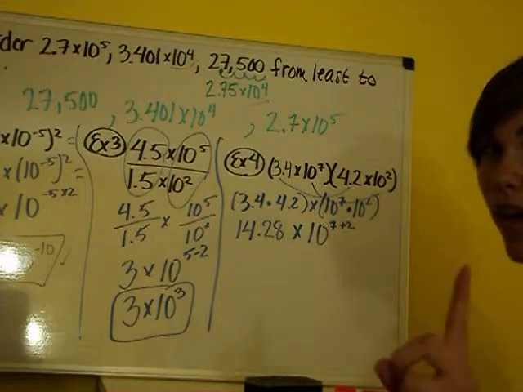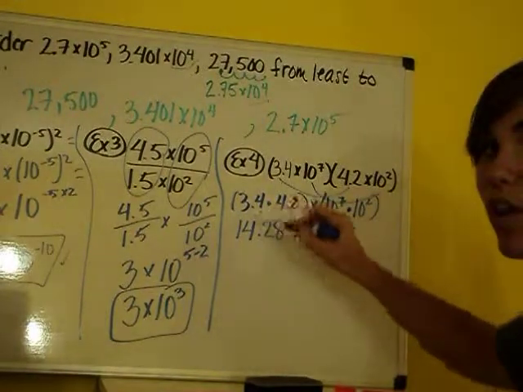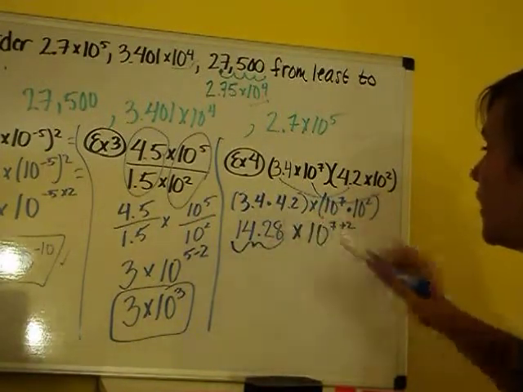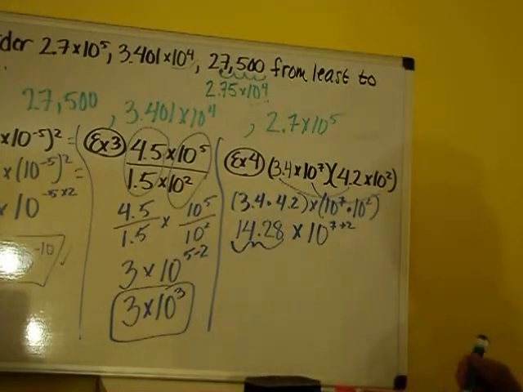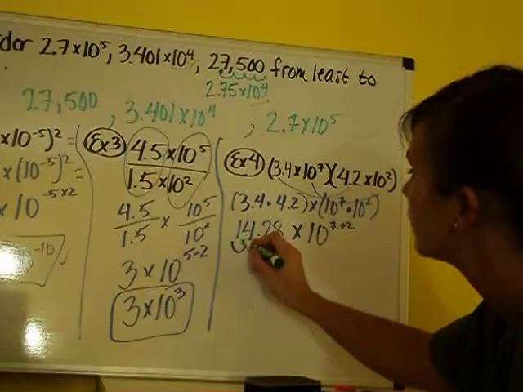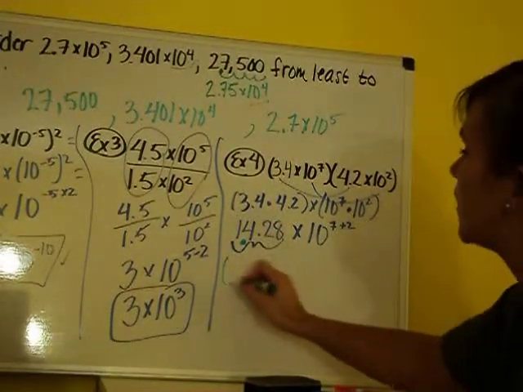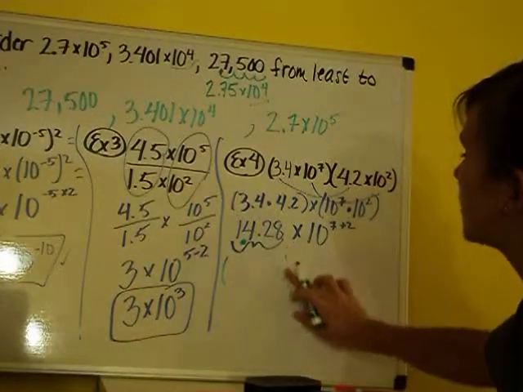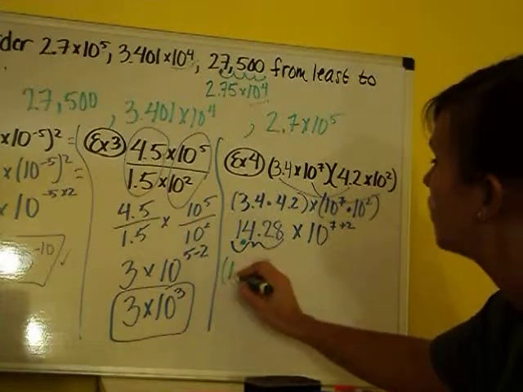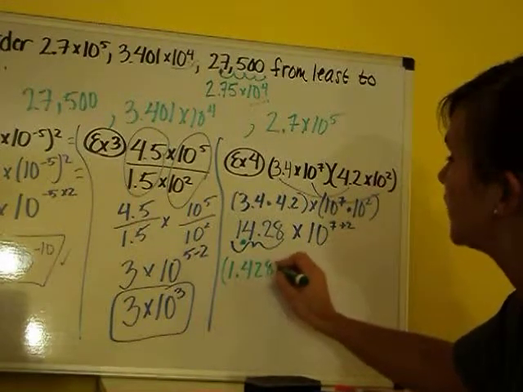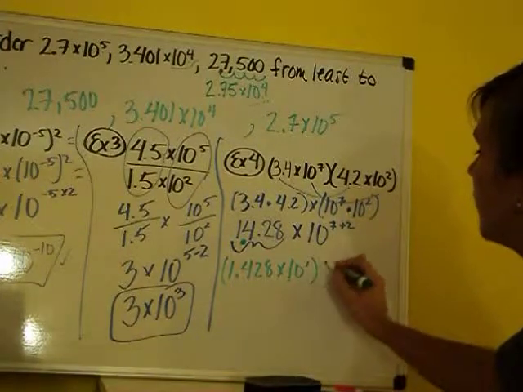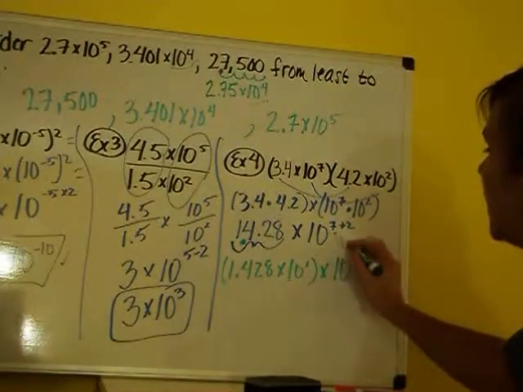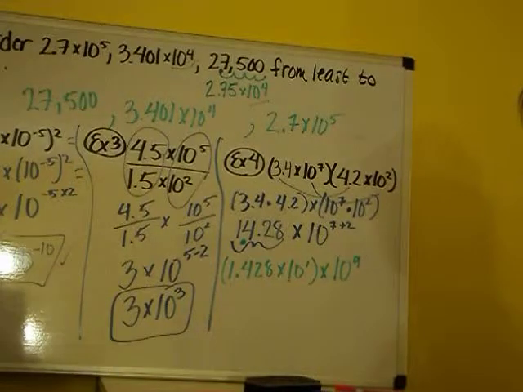Okay, we are breaking a rule. 14.28 in scientific notation, we have to have the decimal there. So 14.28 is 1.428 times 10 to the 1 power. And then we have this times 10, 7 plus 2 is 9.